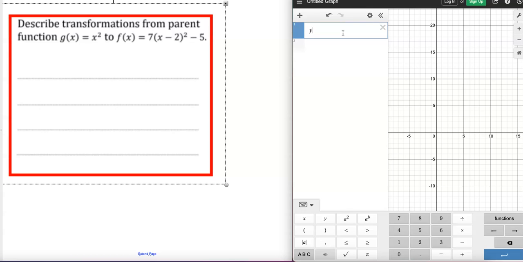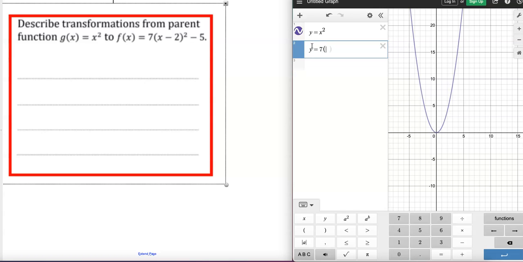I'm going to say y equals, instead of g of x, but we know they mean the same thing, y equals x to the second power. And then the other one is y equals 7, open parentheses, x minus 2, close parentheses, squared, and then minus 5 on the outside.